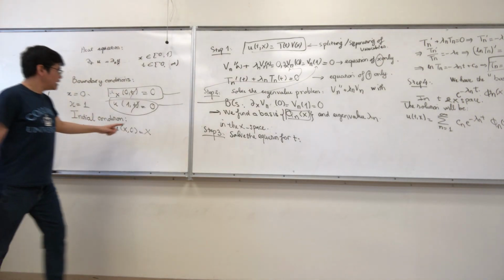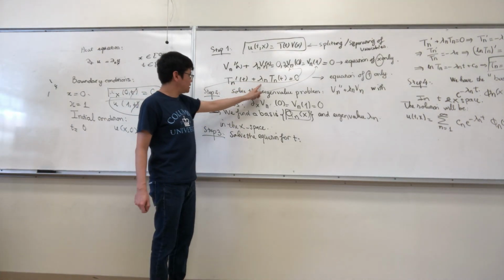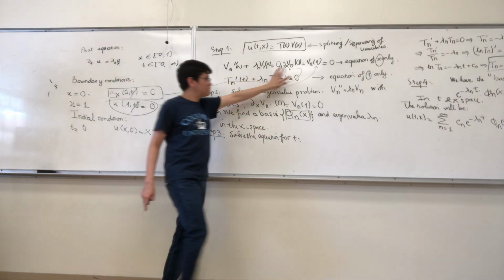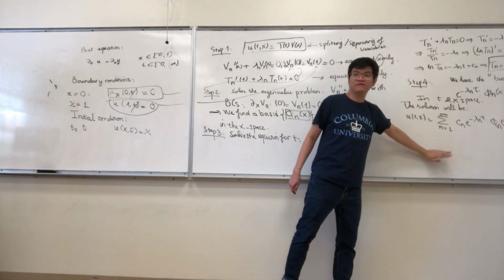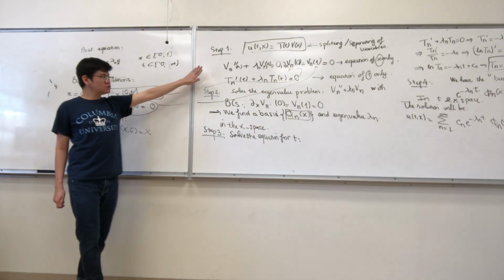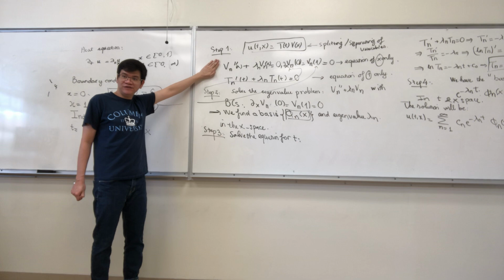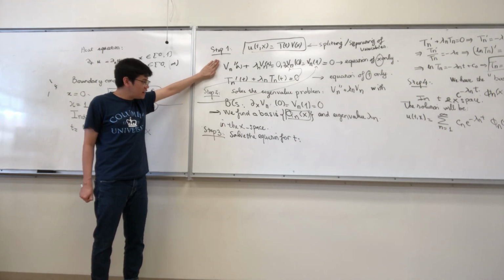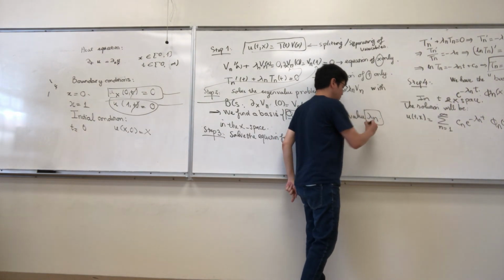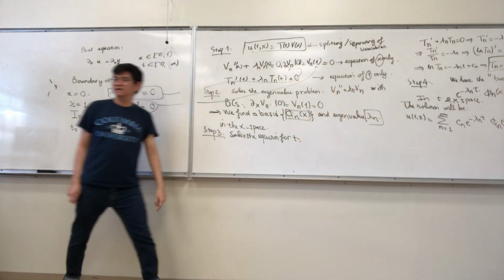The last one is Tn'(t) plus lambda n Tn is 0. There is a boundary condition for this one, but I haven't touched it because I am going to sum everything. For the first one, I solve this eigenvalue problem and find the basis Vn and a series of eigenvalues lambda n.